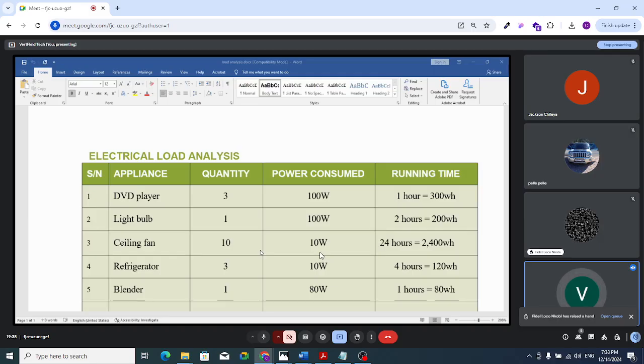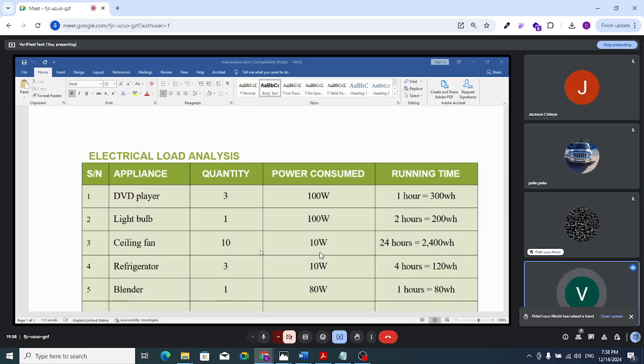If you have been paying attention closely, you will see that these are the same things the energy audit told you to consider: the quantity of appliance, the power consumed by the appliance, and the running time of the appliance. So don't lose focus.